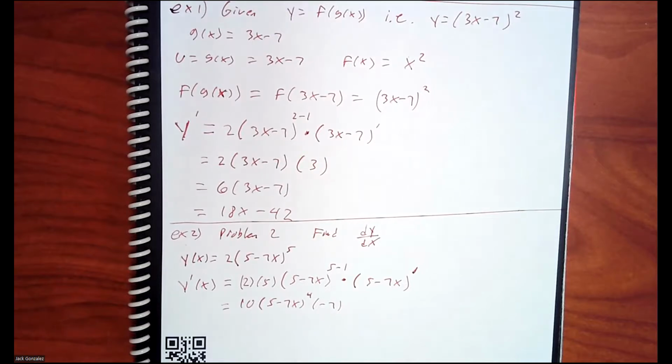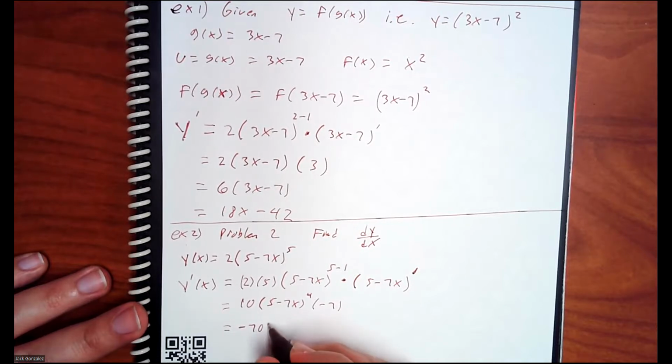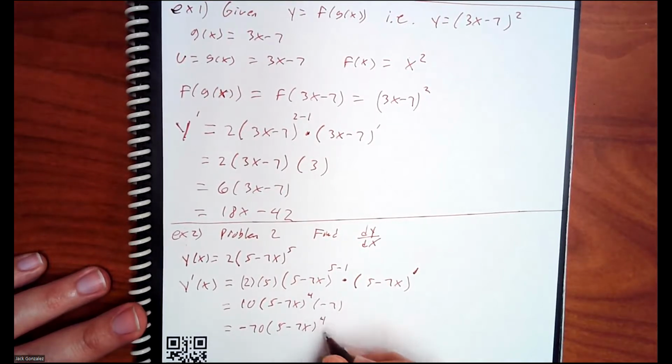You guys see the pattern? So the answer will be -70 times 5 minus 7x to the 4th.